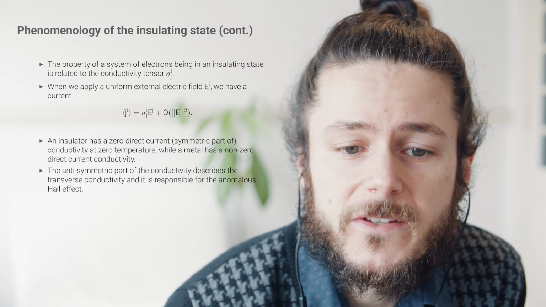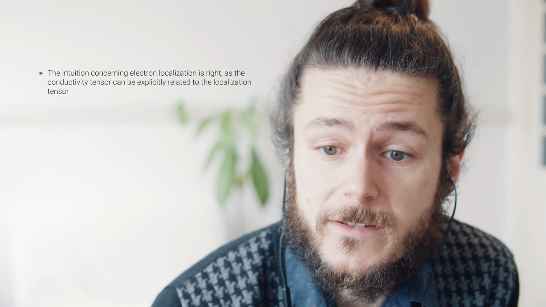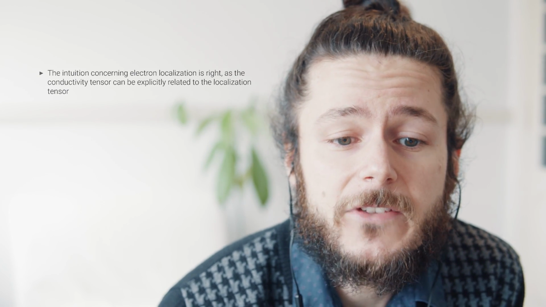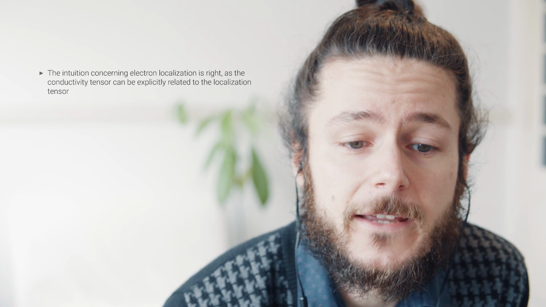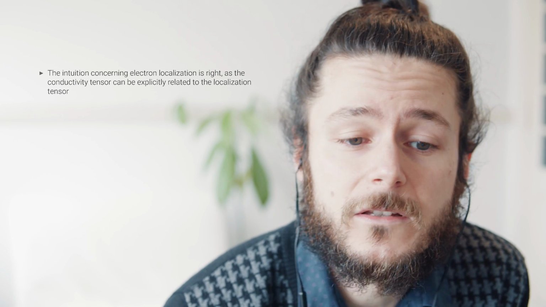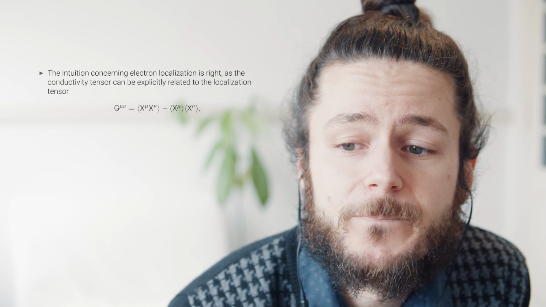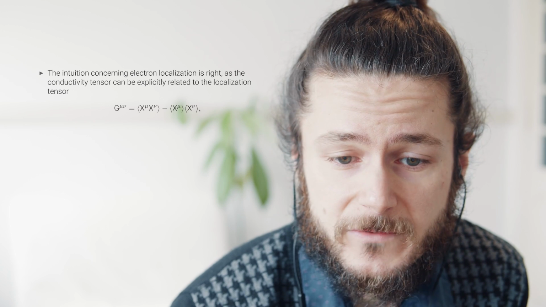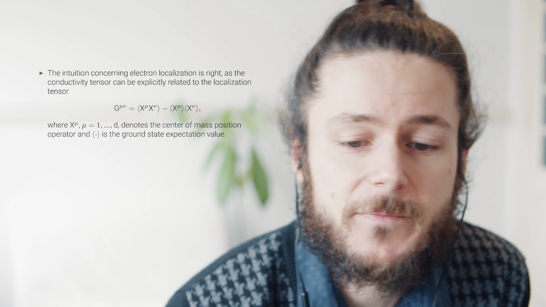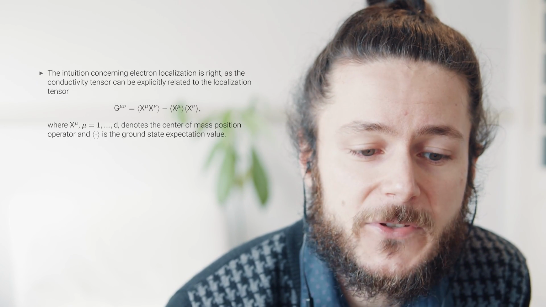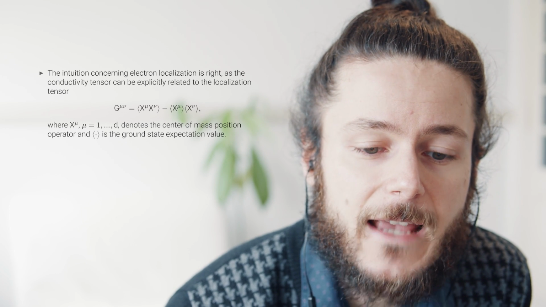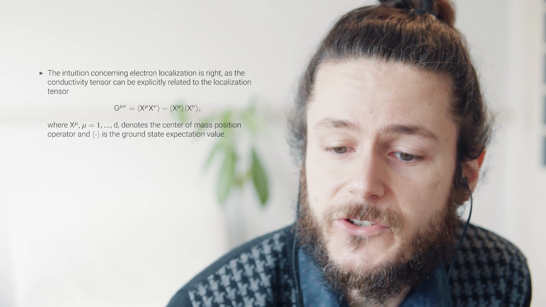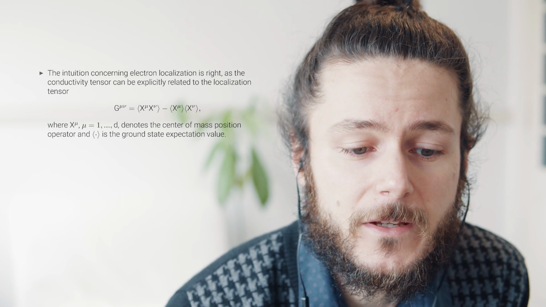Actually, the intuition concerning electron localization is correct, as the conductivity tensor can be explicitly related to the so-called localization tensor, this object here, which has to do with the position-position two-point correlation function. Here x mu denotes the center of mass position operator, and this average is the ground state expectation value.